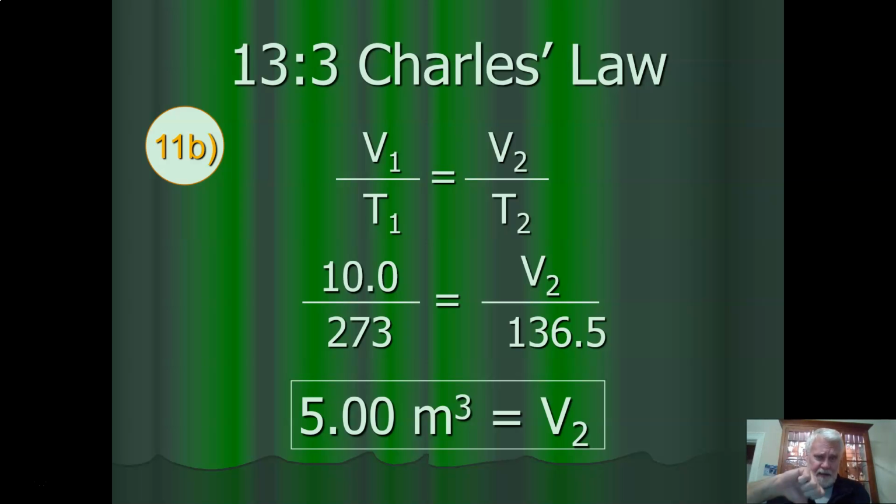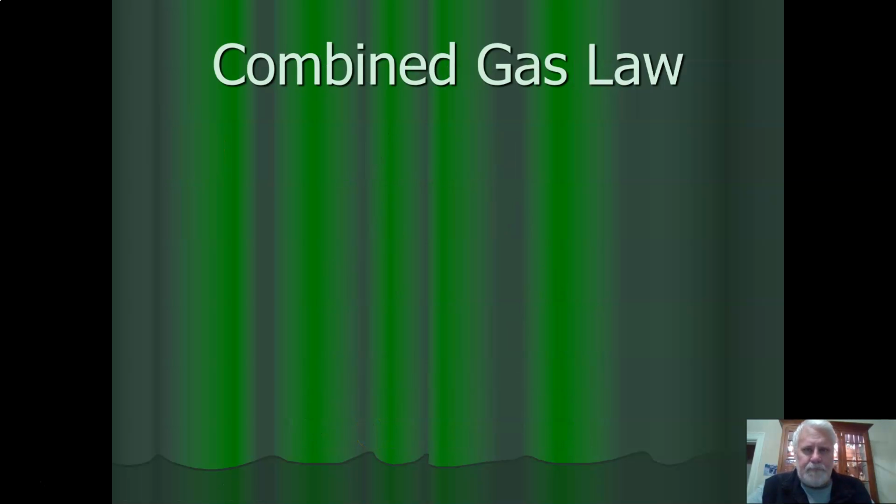If you cut it in half, you're going to cut the volume in half too. And that's exactly what happened. In paying attention to sig figs, instead of writing 5 or 5.0, these have 3, so we're going to put 5.00 meters cubed. Again, that's just one final point on these problems. There's lots of points here, but just pay attention to the sig figs.